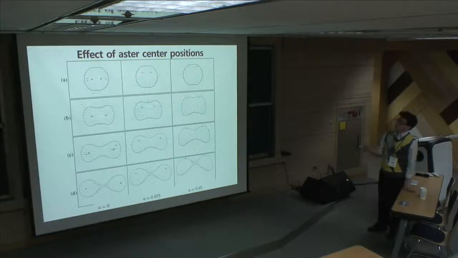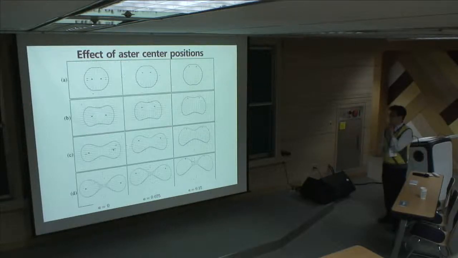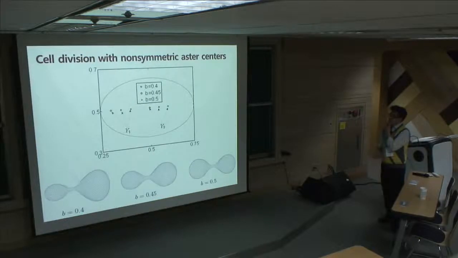The aster is at 2 here, and then the result is different. And we expand to different locations of the asters. Those are the symmetric location, plus. Here is the square, and then the circle. So it's not a symmetric division.